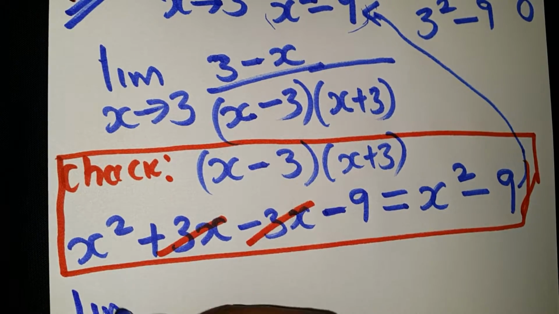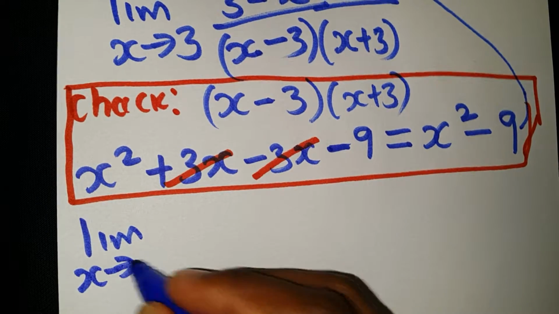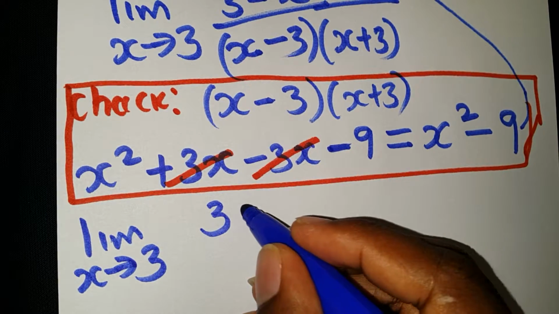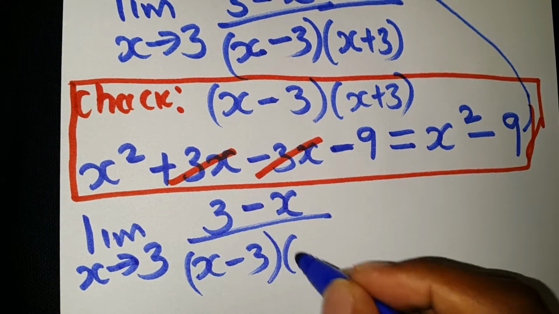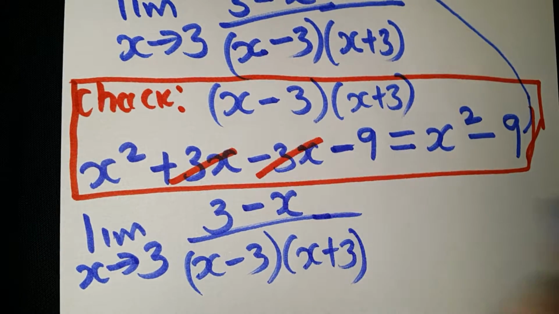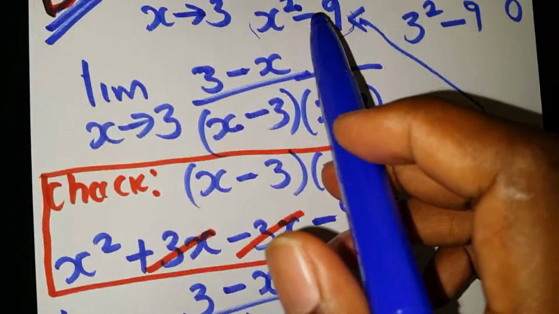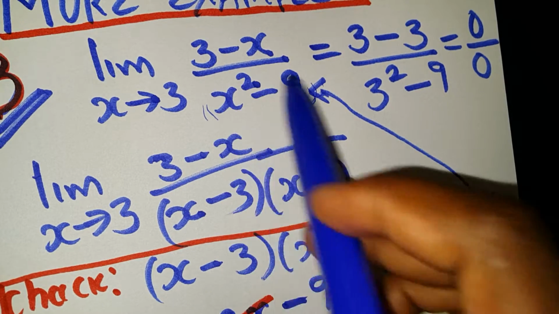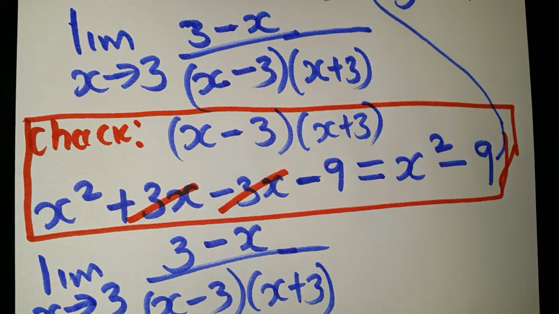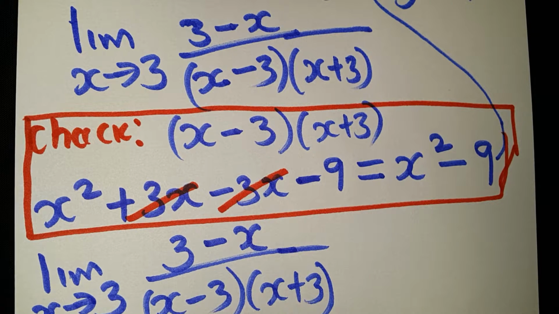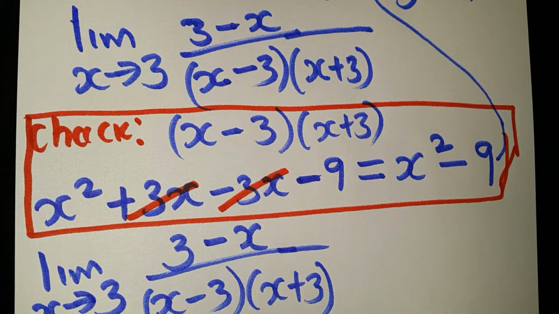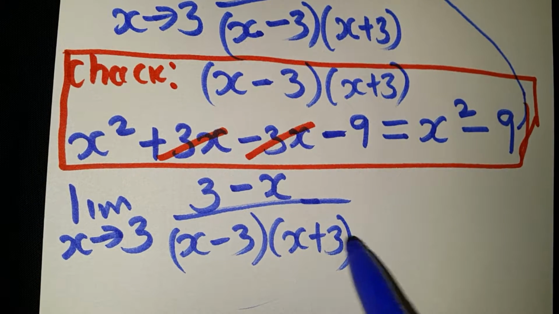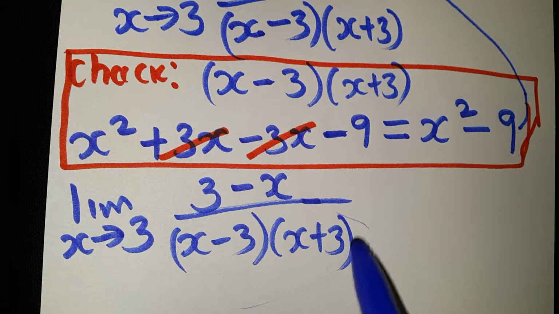Our limit is the limit as x tends to 3 of (3 minus x) divided by (x minus 3)(x plus 3). So this is what we have after expanding our function in the denominator. Now we have to look for a way of eliminating the factor in the denominator.